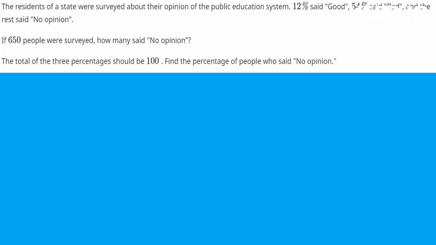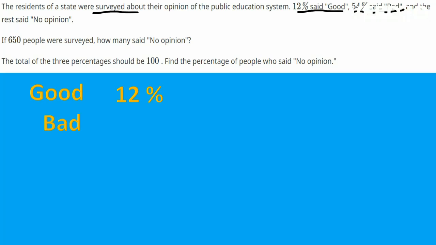Here is a question. The residents of a state were surveyed about an opinion. 12% said good. So good is 12%. 54% said bad. So bad is 54%. The rest said no opinion. How much is the rest?